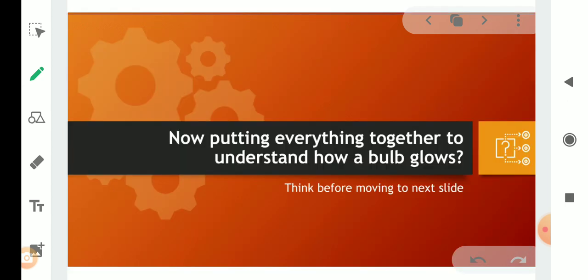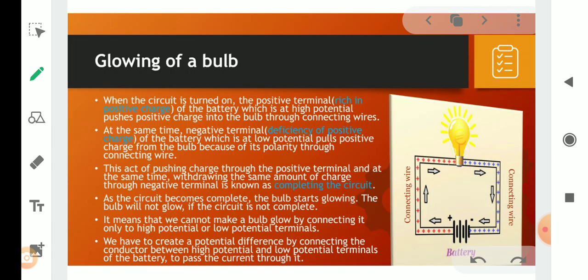Now, putting everything together to understand how the bulb glows. Now the total electric circuit, that is how the bulb starts glowing. When all these are connected and the key is on, what happens? The circuit gets complete.